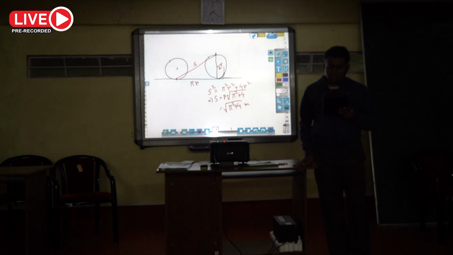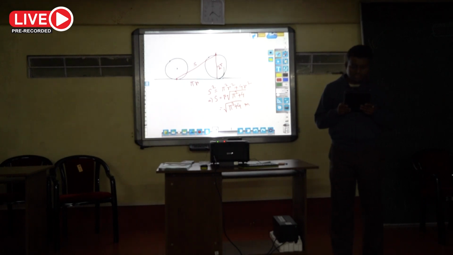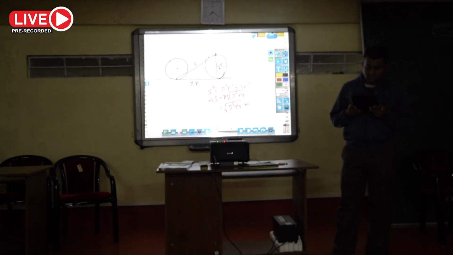C, the slope of A versus V graph is not constant. D, initial acceleration is 2 unit.